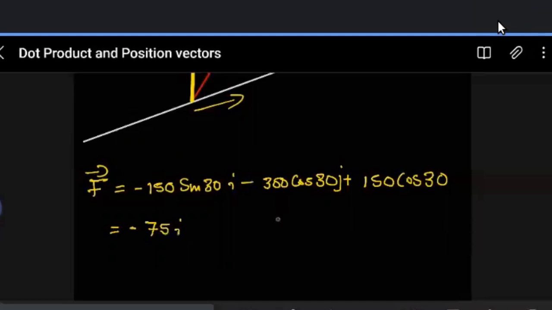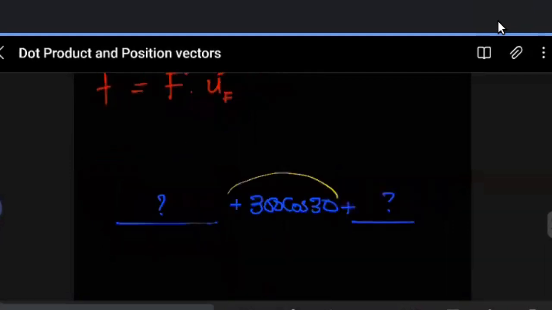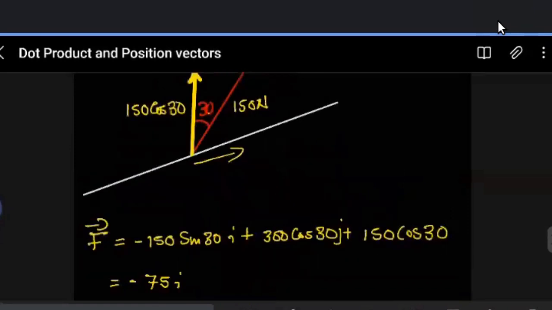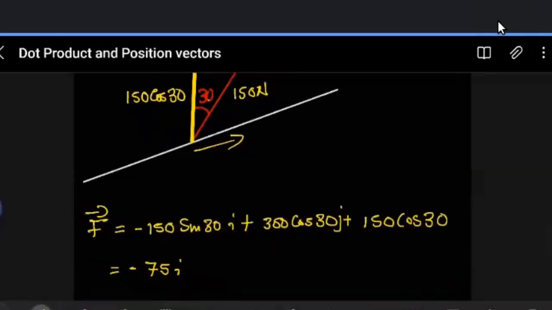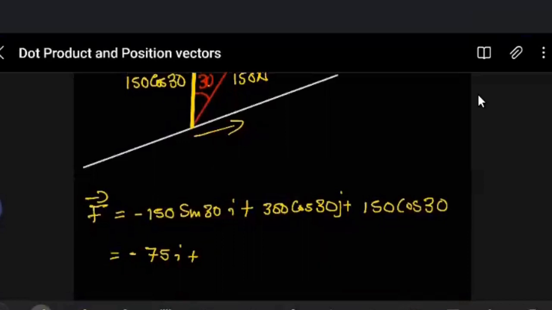Then we have 300 cos 30. I have too many negatives here. This was not negative, this was positive 300. So this is plus 300 cos 30. So what is 300 cos 30? It's 259.8.